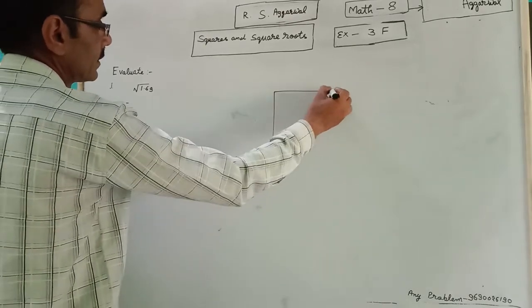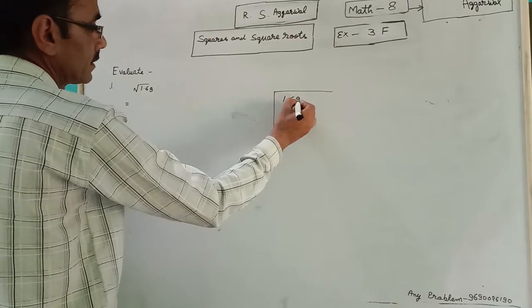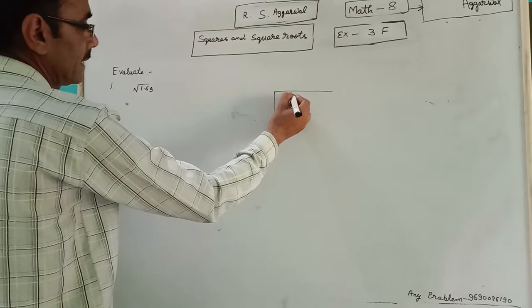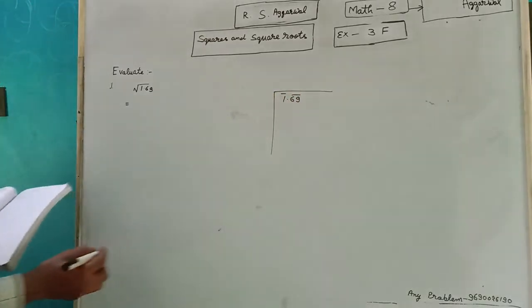Write the 1.69, make the pair, left and right from the point.